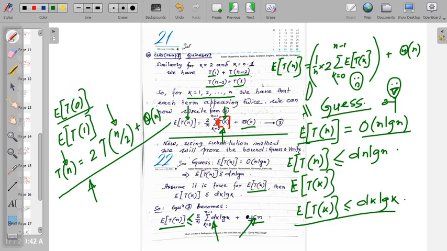Now you see, inside the summation, whatever we have to manipulate is free from expectation. Now you are in a comfortable zone, and you can think of how to manipulate this.